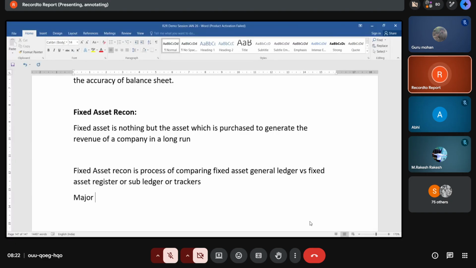See, the major reasons for differences in fixed asset account reconciliation. What are the major reasons?